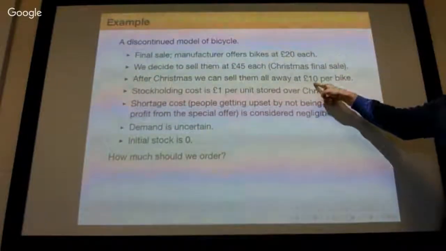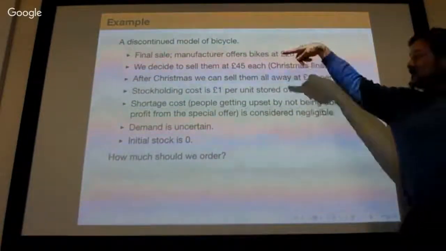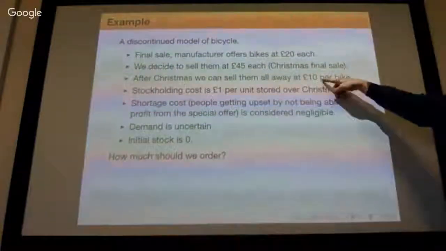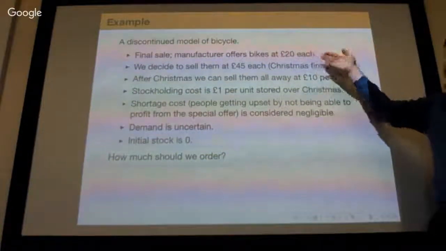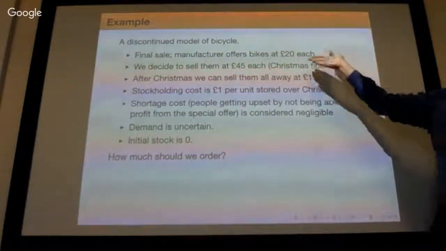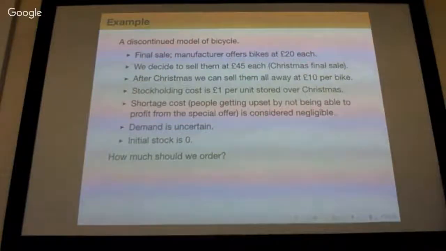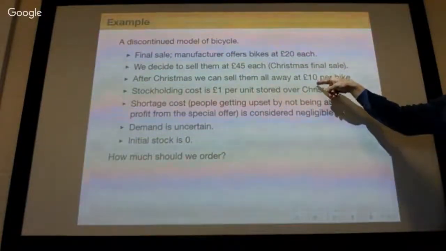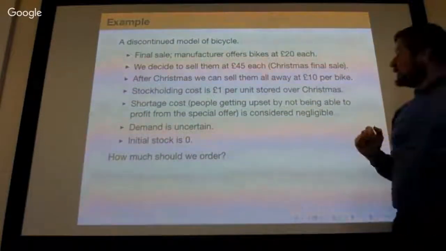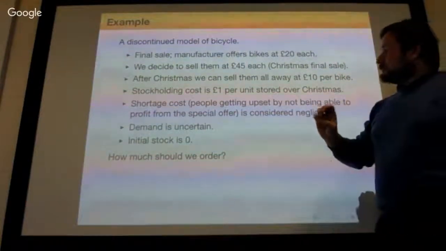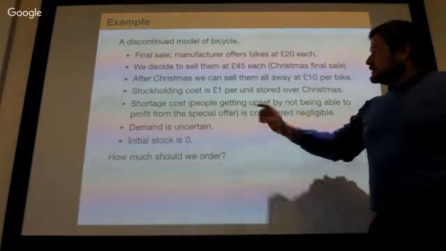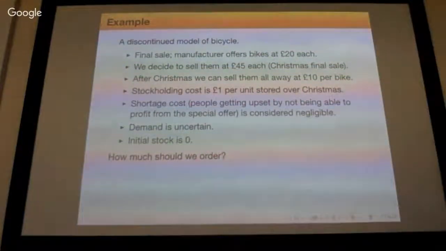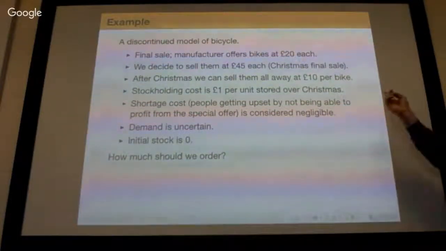So if you do manage to sell them, you're earning 45. If you don't manage to sell them, you're earning 10. So you're actually losing 10 because you've paid 20 for it. You could even be losing more because you have to pay someone to take it away. There are some stock holding costs for things you don't manage to sell as well in this example.